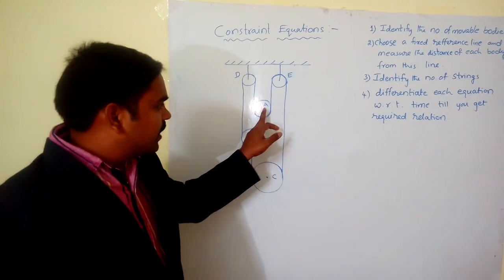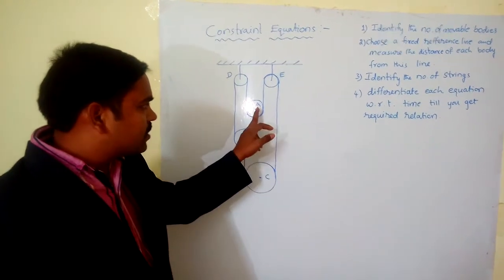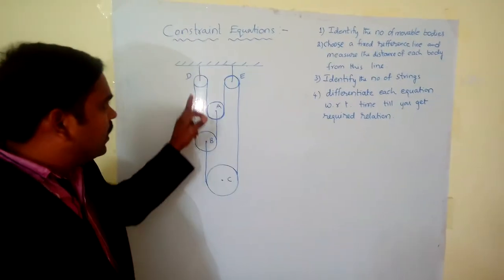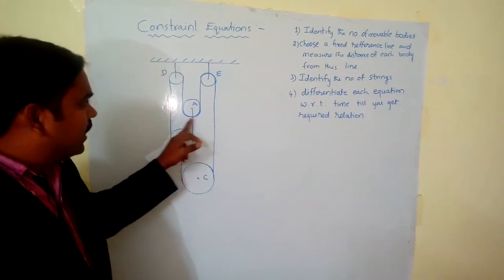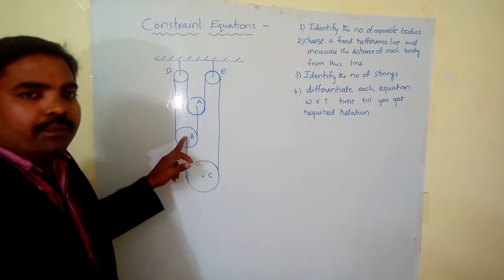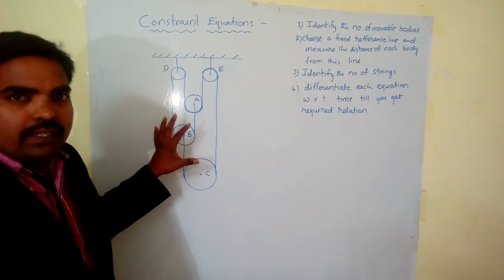And only one string is there. It is starting from A, passing over B, and then D, then A, again E, again C to B. Only one string is present.